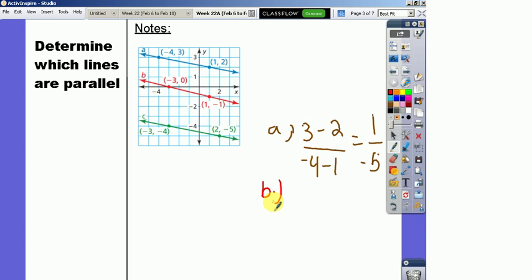Use red. Okay, then we're going to do the same thing. Let's just do 0 minus negative 1 over what? Negative 3 minus 1. So add those two. You get 1 on top. And you get what on the bottom? Negative 4.